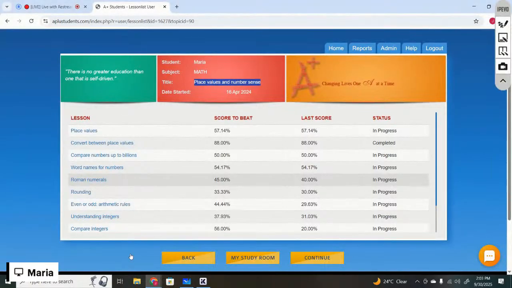Okay, here I'm on place value and number sense. Let's just start with the first lesson, that is Roman numerals.